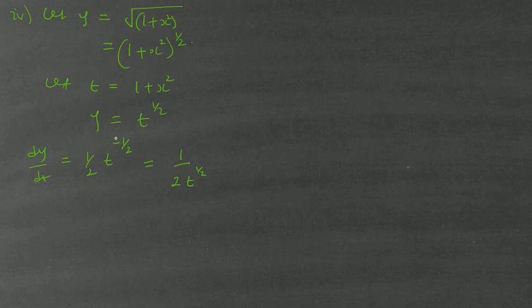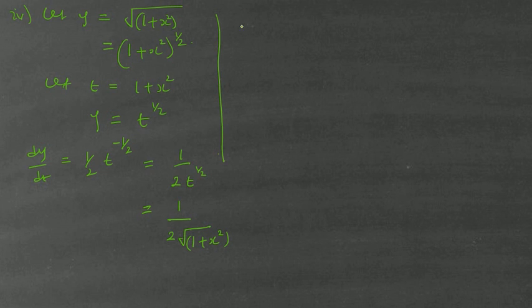When this t comes down, the negative goes away, and this will remain as 1 over 2 square root of t. But what is t? Our t was 1 plus x squared. Good, we leave that there.